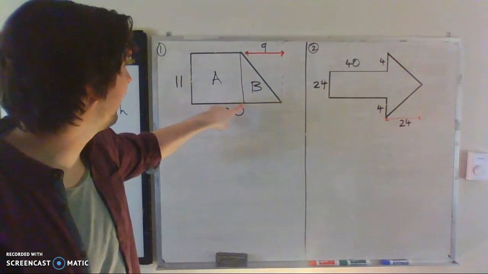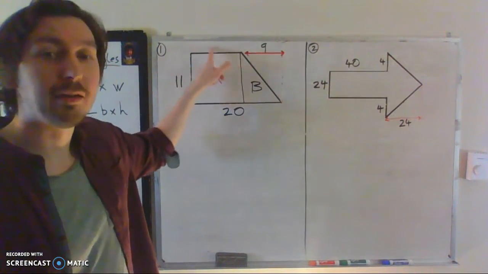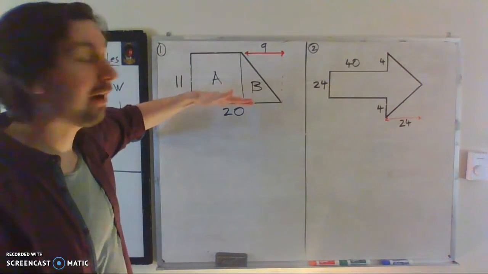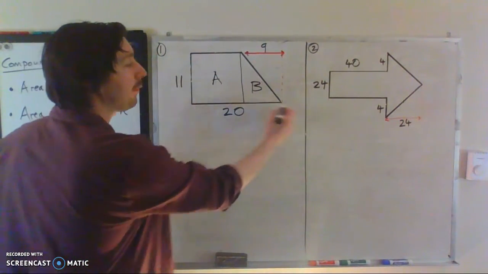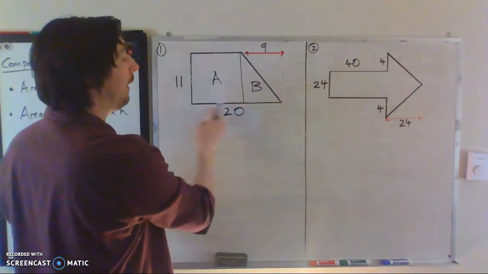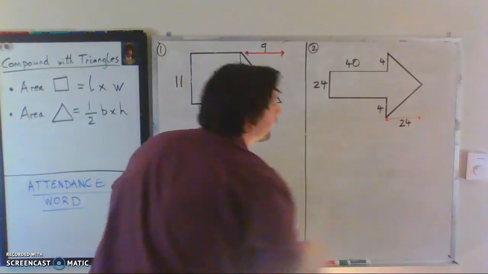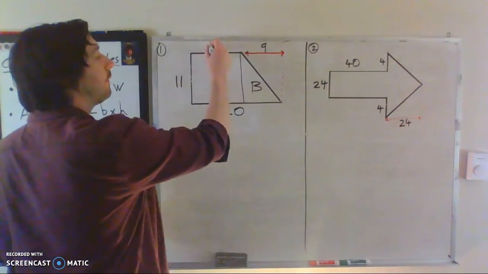I just want this section where A ends. So again, look at the parallel lines. If this whole thing is 20, and this part here is 9, if you do 20 take away 9, you'll find out that this part is 11 as well.